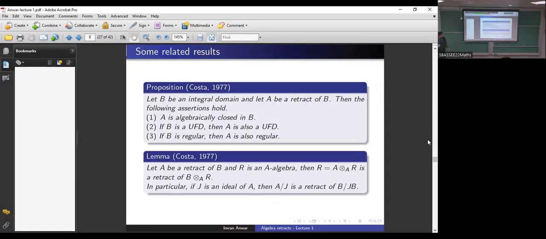And another way of constructing the retraction is, let A be a retract of B and R an A-algebra.